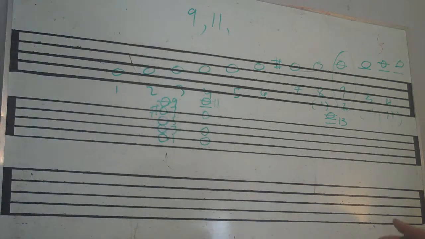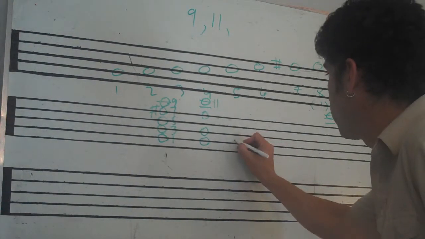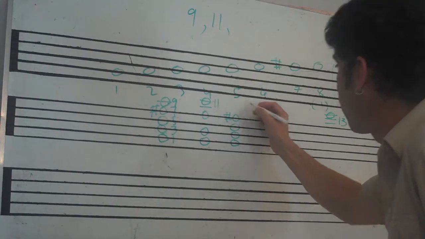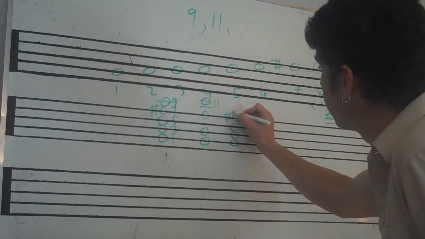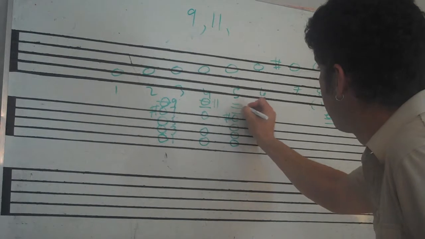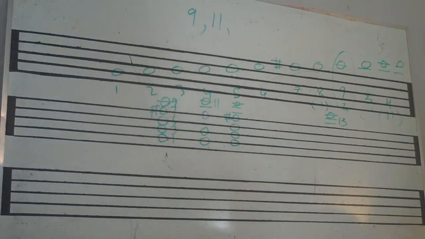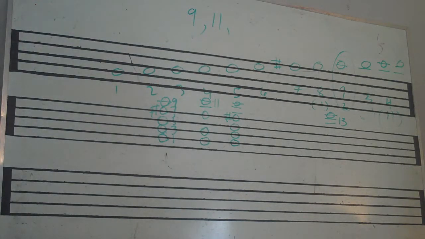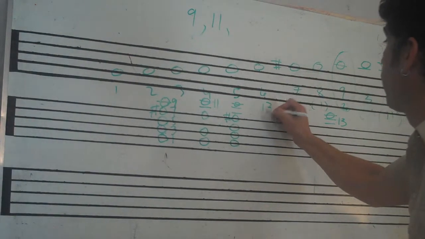Okay, so let's hear how that sounds like, G major 7 with a 13. So we'll put the E up here. G major 7, and then the 13. Okay, so that would be an E, 6 or 13.